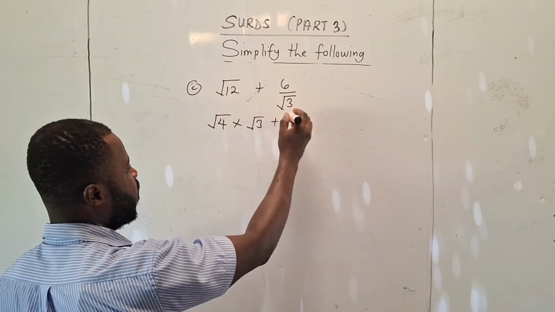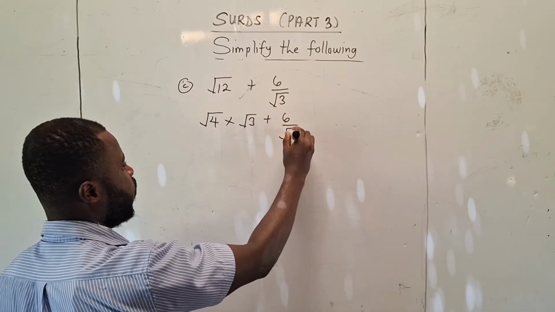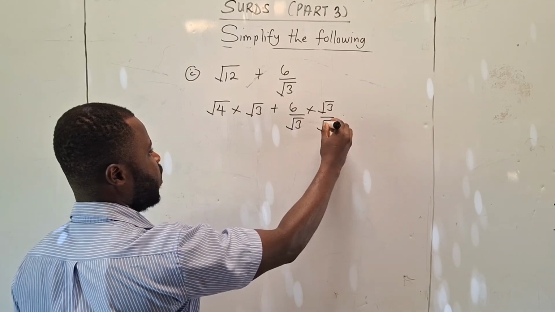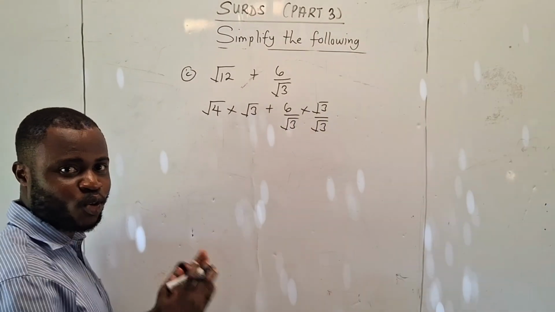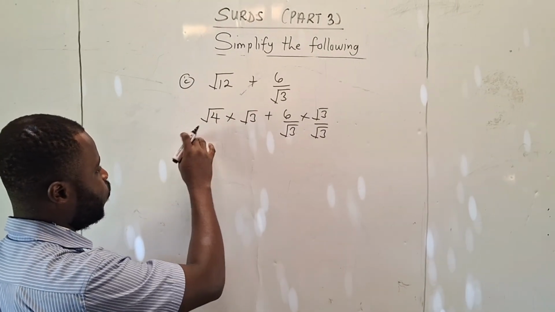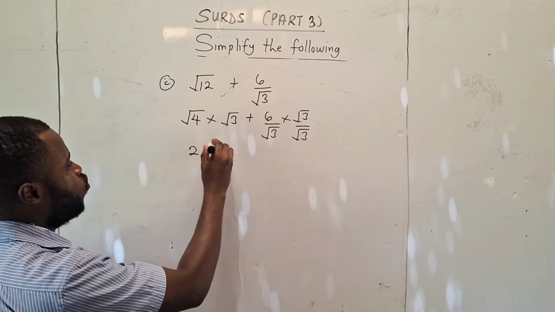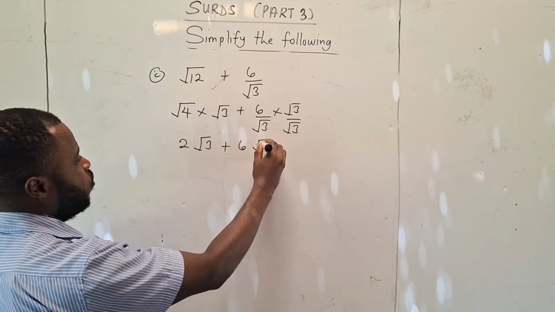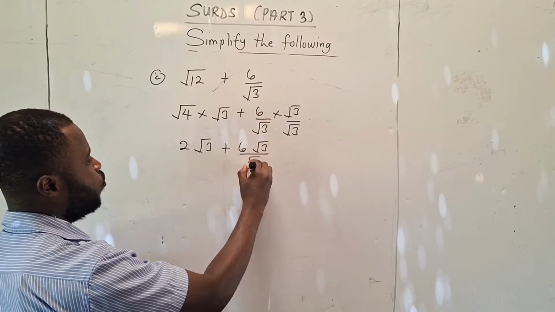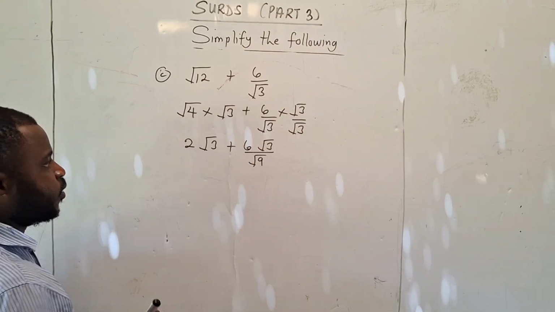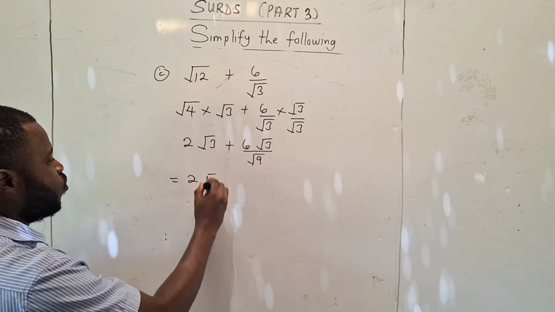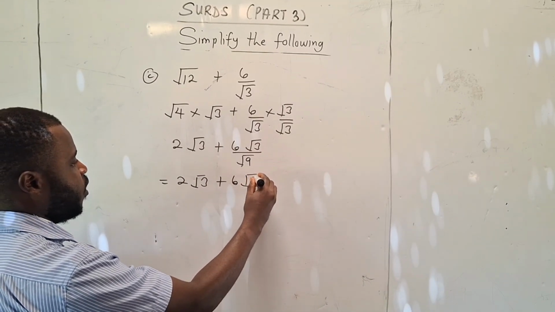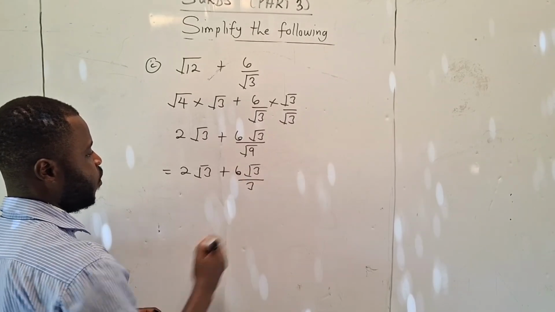Plus, when we come here, 6 root 3 times root 3 all over root 3. They've combined it, so don't be confused. So 4 times 3 will give you 2 root 3, plus this one 6 root 3 all over root 9. Now to move on, we have 2 root 3 plus 6 root 3 all over 3.